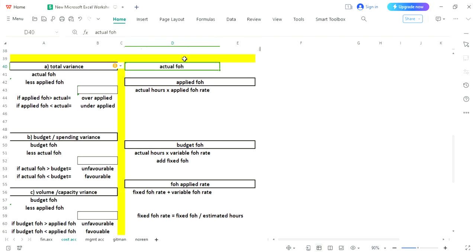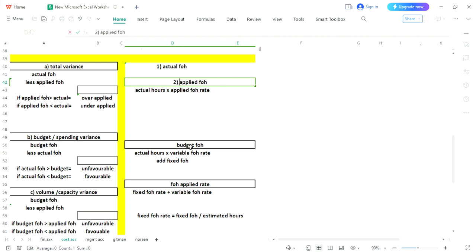For this, actual FOH would be given in the question. This is your first requirement, and it would be given in your question. The second requirement is to calculate applied FOH, and this would be calculated by yourself, and for that there is a formula. We will be multiplying actual hours by FOH rate.